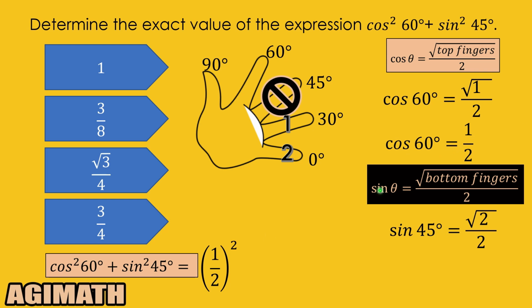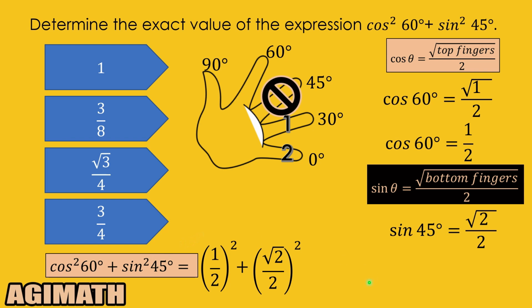So 1 half squared. So that is for cosine squared 60. That is just the square of cosine 60. And then for sine 45, it follows the same pattern. So square root of 2 over 2, and then you square. So this is just the meaning of this expression.